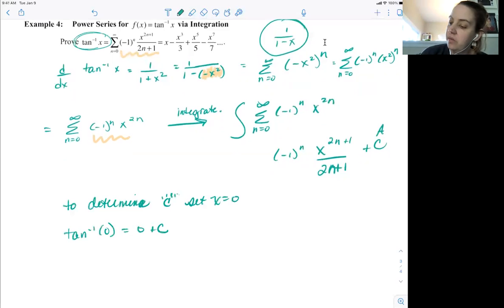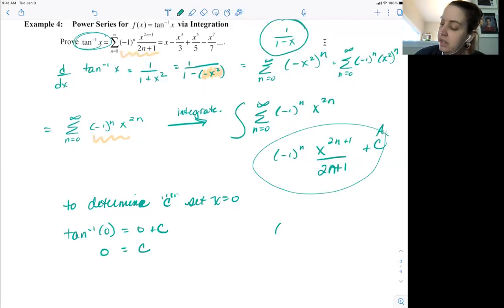I'm setting this first piece equal to this. So if I put 0 in place of x for both of those, the inverse tangent of 0, which is 0, is equal to c. So my final answer is the series of negative 1 to the n, x to the 2n plus 1 over 2n plus 1, plus 0 if you really wanted to.